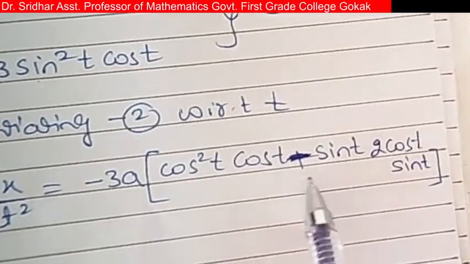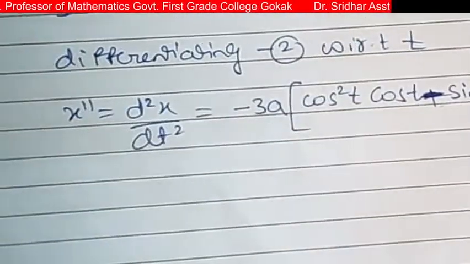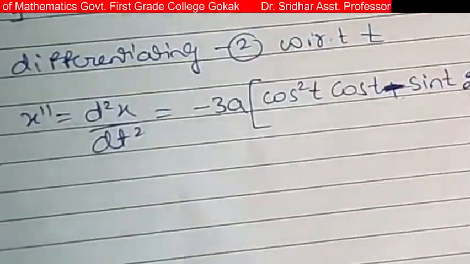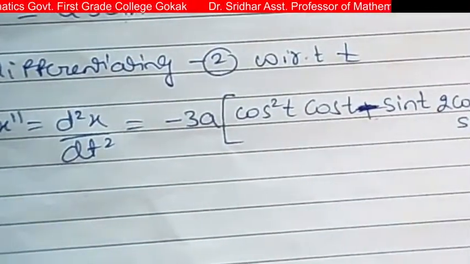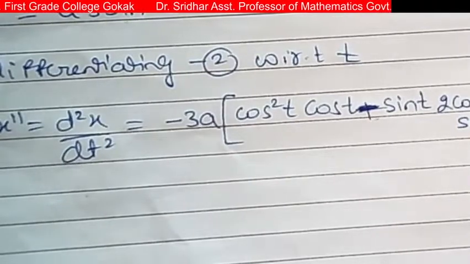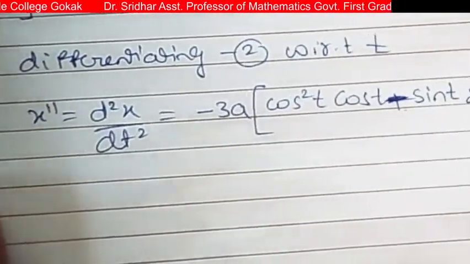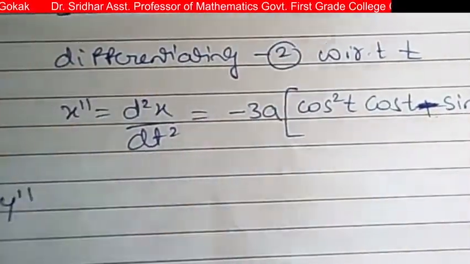Therefore we will get minus sin t. After obtaining this, this is x double dash. Next, similarly we find y double dash.